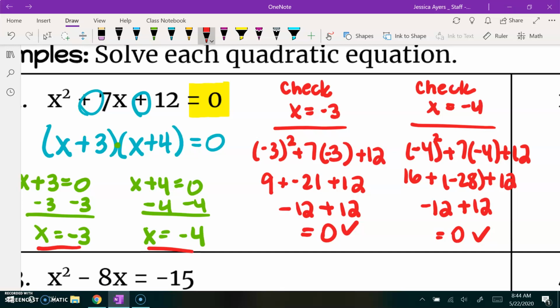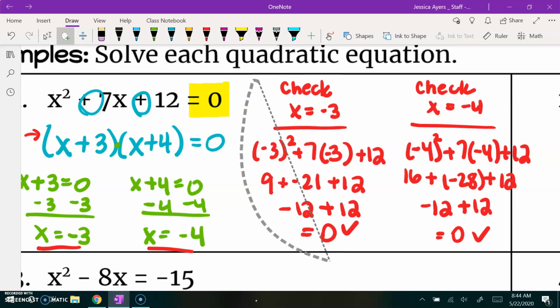I always recommend plugging into the original equation so that if you did something wrong at the bottom, it'll show wrong in the check. If you check from right here and you solved each individual factor correctly, and then you plug it into your factoring, you're going to get 0, but it might still be wrong if you factored wrong. So I always check from the original equation.